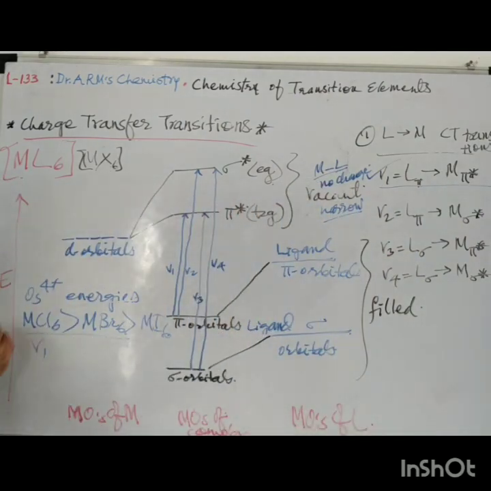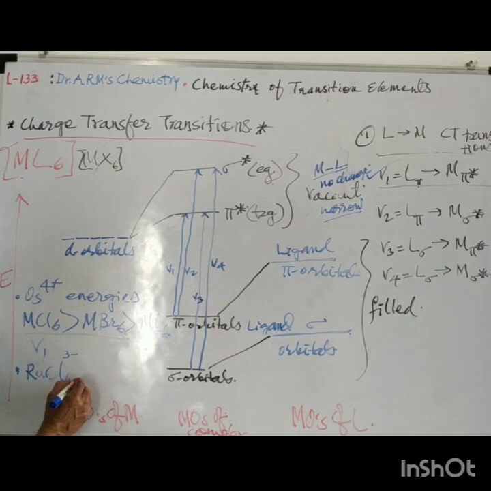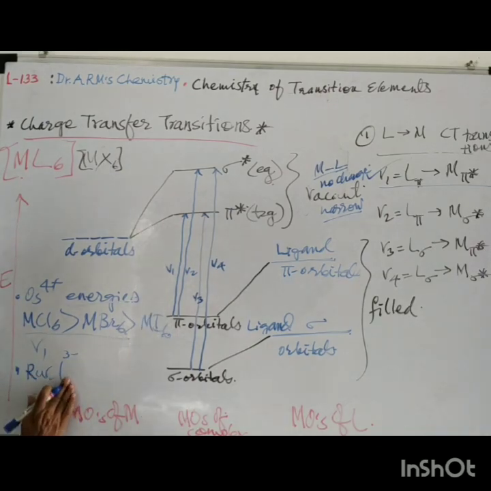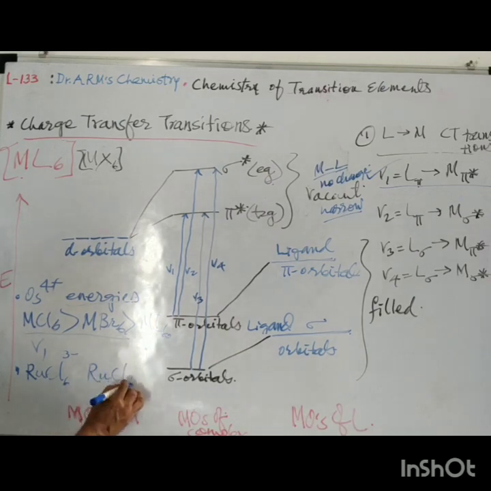And regarding the oxidation state, the oxidation state of metal ion increases in case of, say, RuCl6 3 minus and another is RuCl6 2 minus.